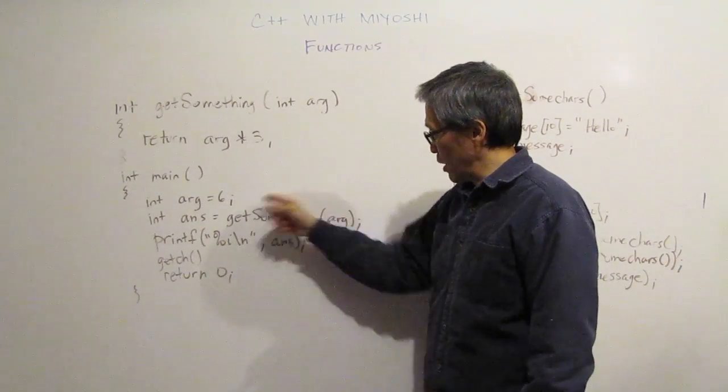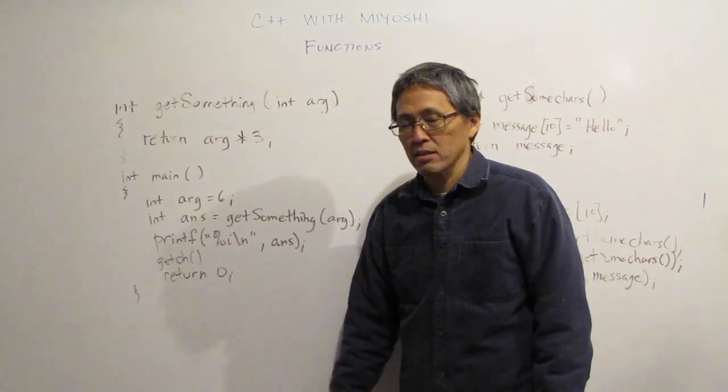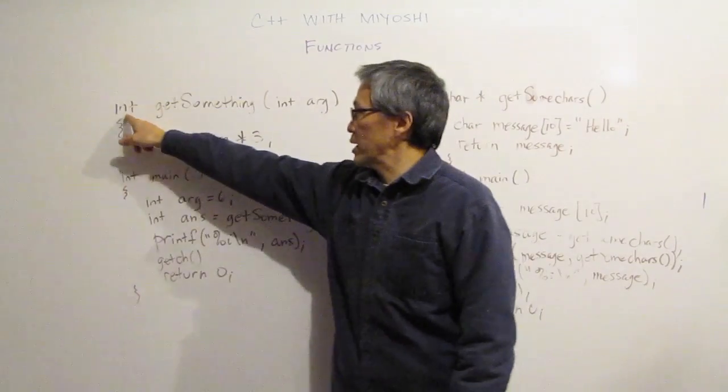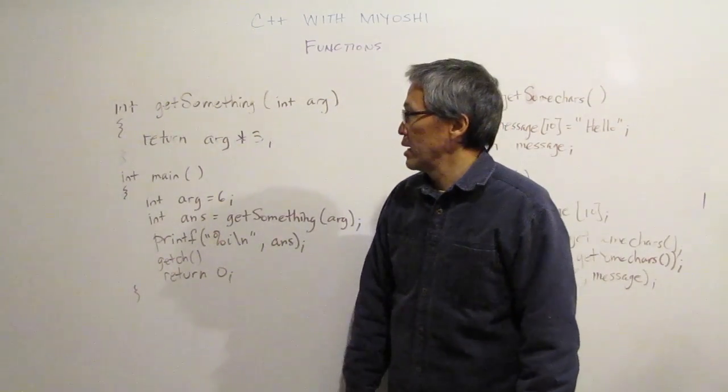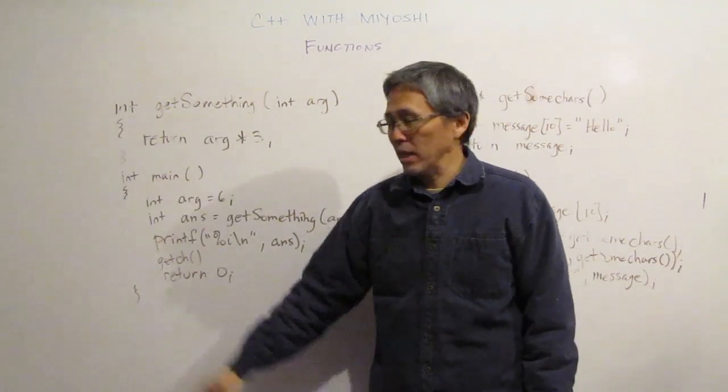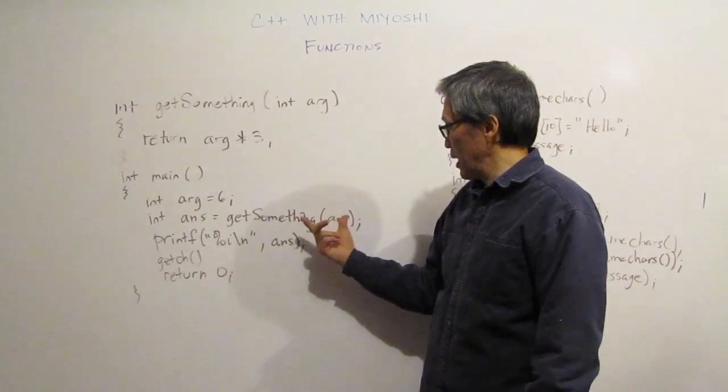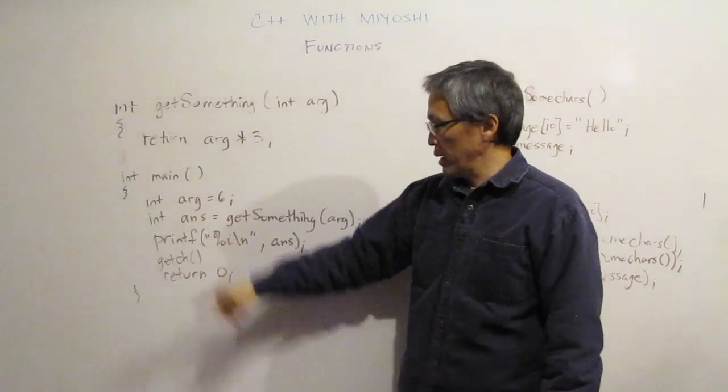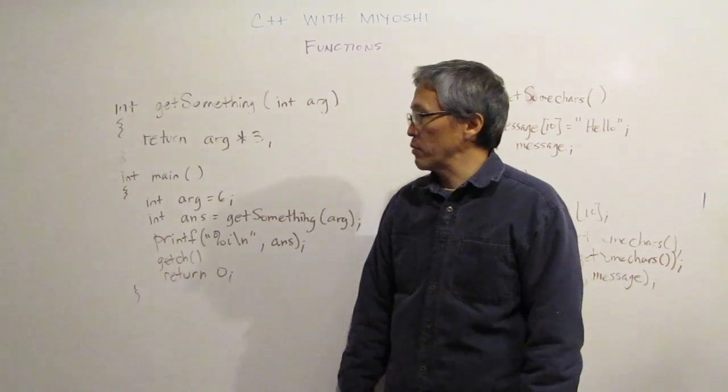And then whatever happens over here gets stuck in ants. Again, this could be an integer, it could be a float, it could even be a single character, and it would do whatever's here, replace it here, and get stuck in ants. So that's the way return works.